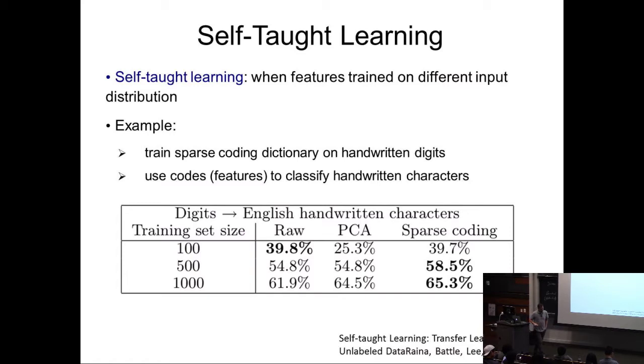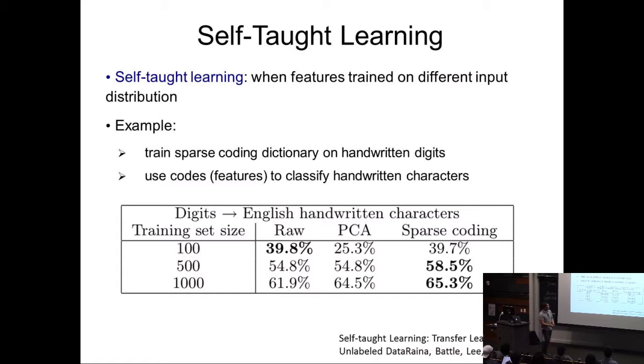And then there is a paper called self-taught learning, which basically said, you train a sparse coding model on handwritten digits, and then you can use these features to classify handwritten characters. So this comes to almost like a transfer learning problem. Can you train a model on digits and then see how well you can do in terms of recognizing characters?